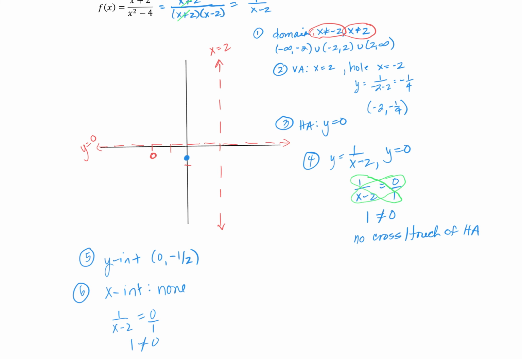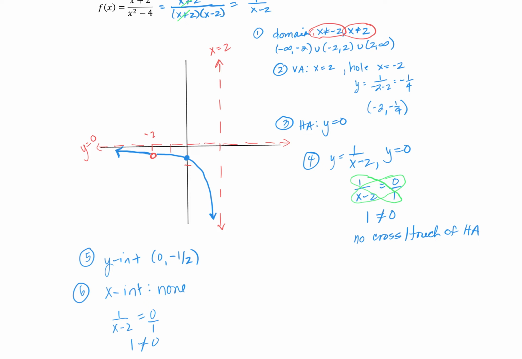All right, so I am not going to find additional points yet. I'm going to see where I am on my graph. The left-hand side of the vertical asymptote, x is equal to 2, I'm actually done. I know that my graph has to follow the vertical asymptote and follow the horizontal asymptote. I do have a hole, so I have to sort of pick up my pen and keep going. So that's 2 pieces, right? I have 1 piece from negative infinity to this point, x value negative 2.